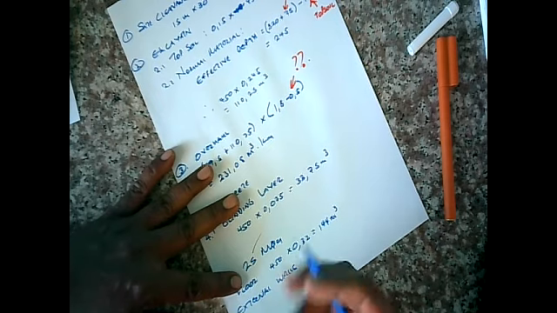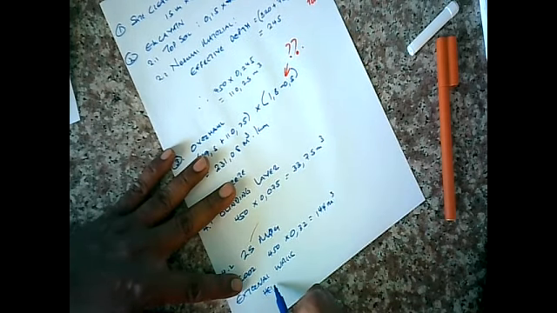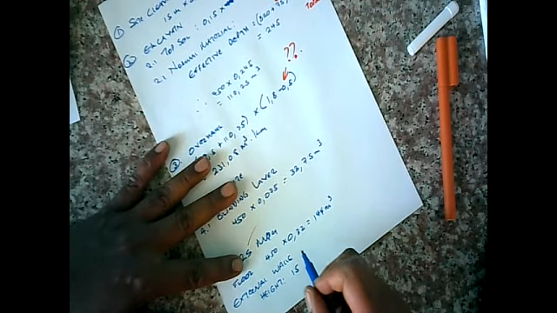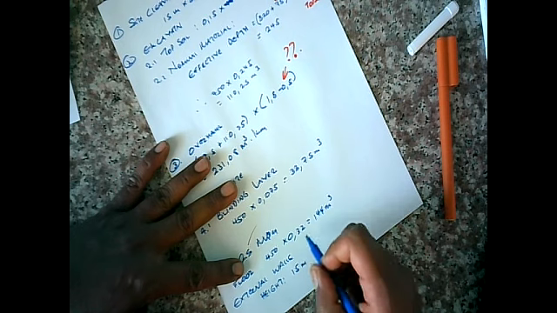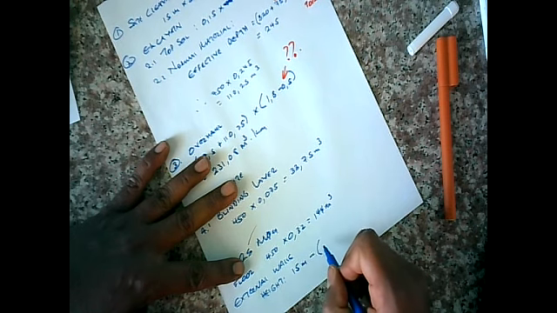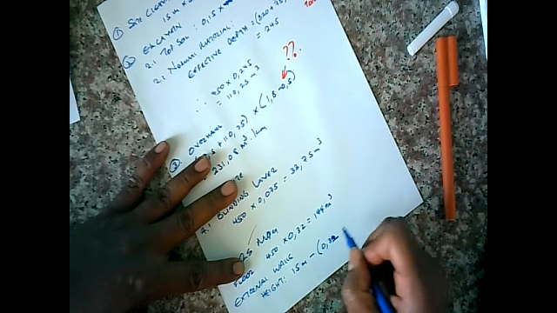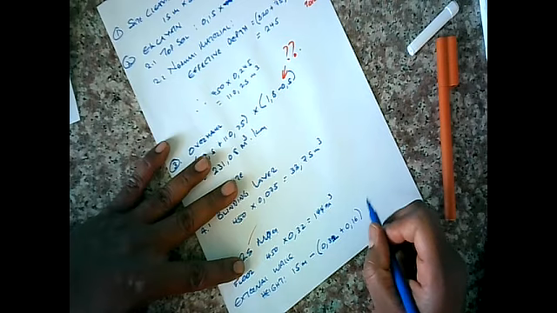And for that, what is the height? 15 meters minus the thickness of the floor plus the thickness of the roof slab.